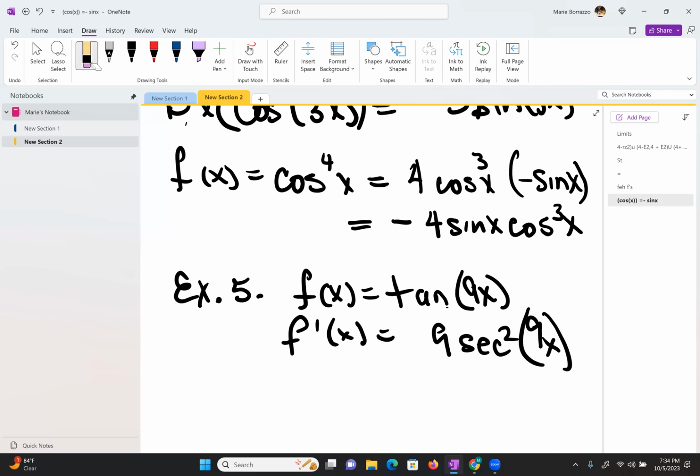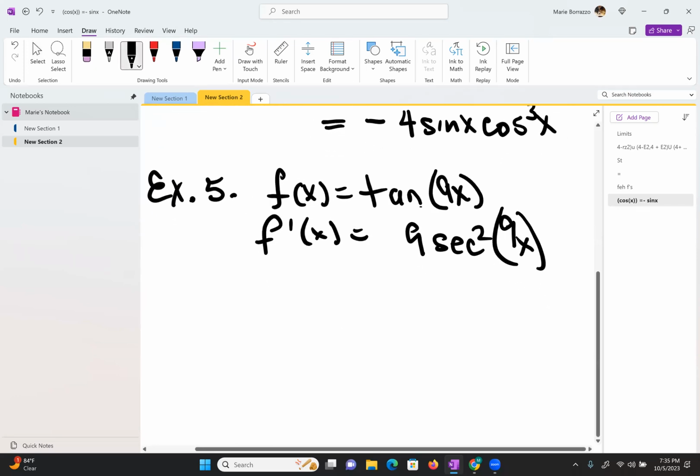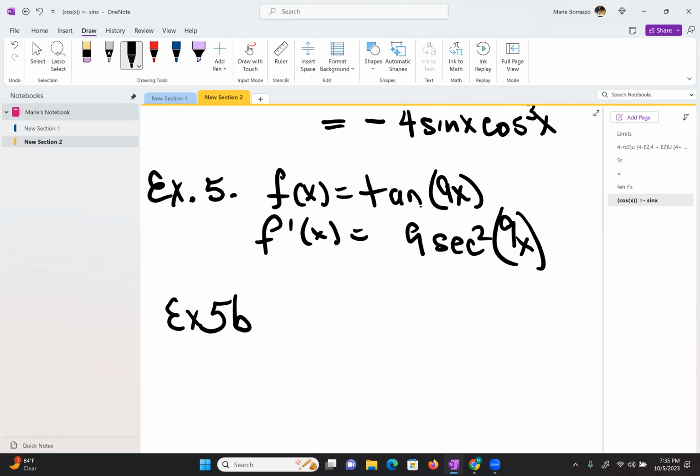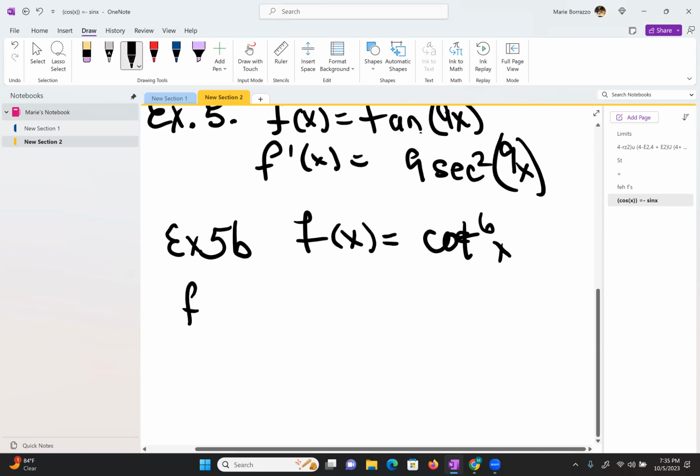All right. Let's look at a cotan. We haven't seen a cotan yet. Example 5b. If I said to you, I have a function f of x, and that is cotan to the power 6 of 6x, find its derivative.